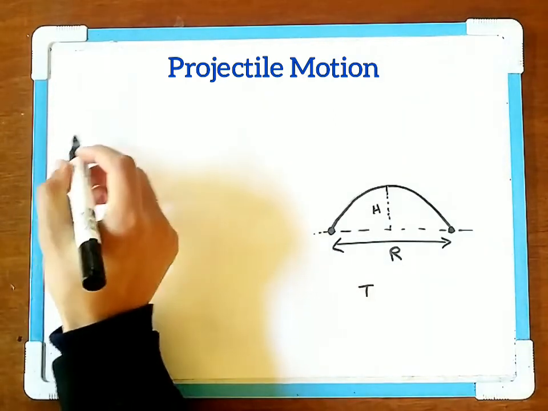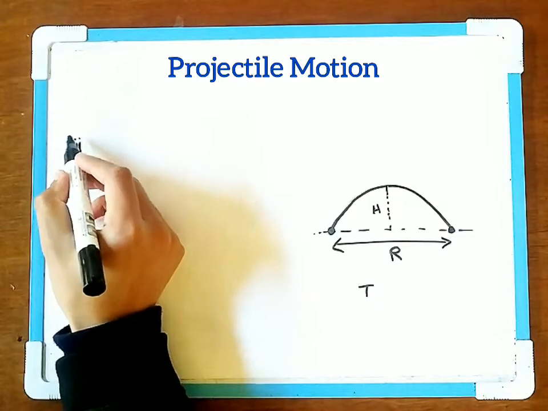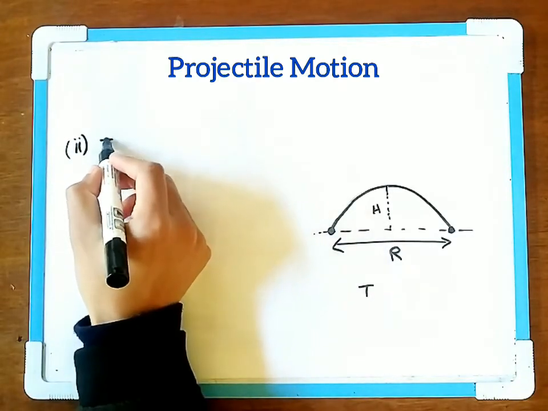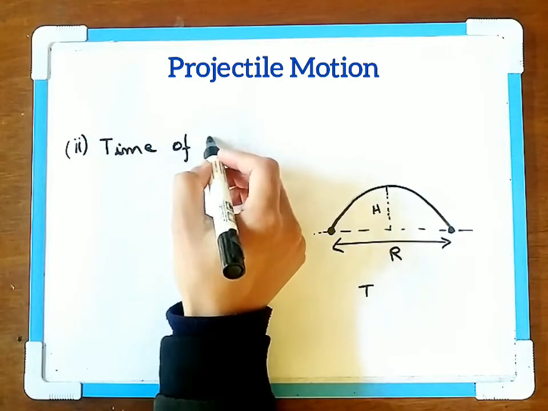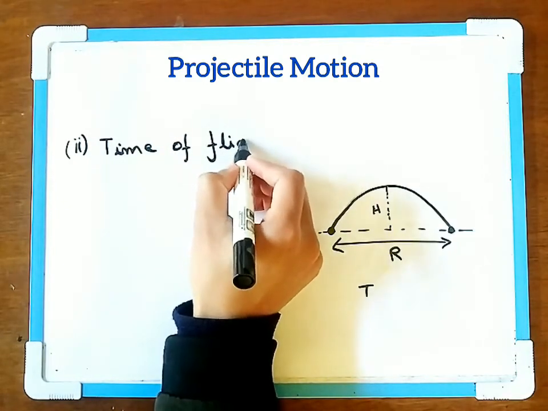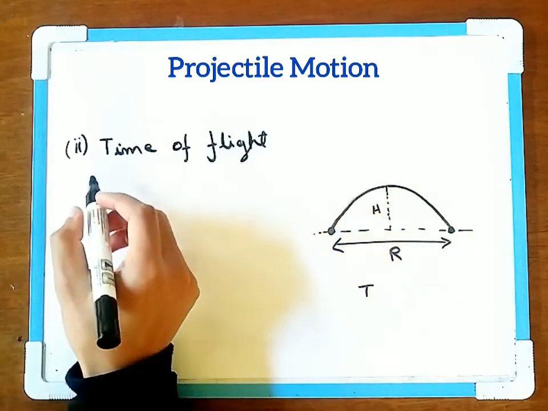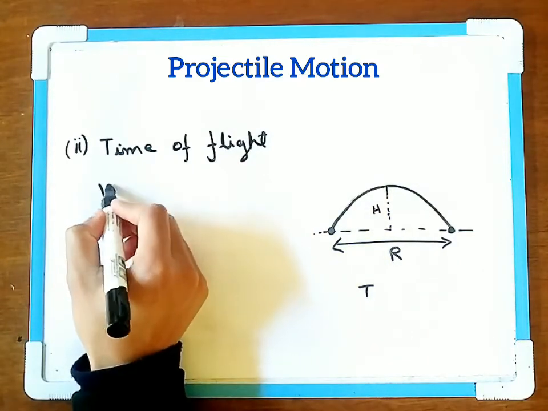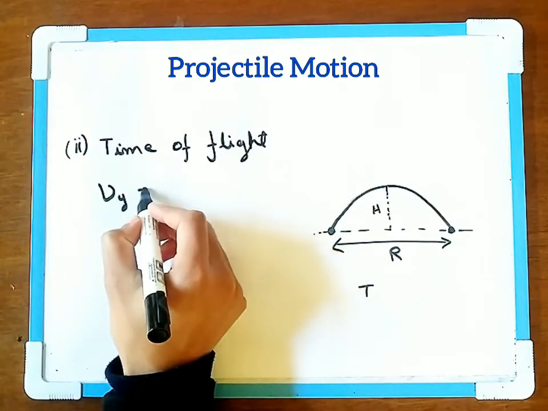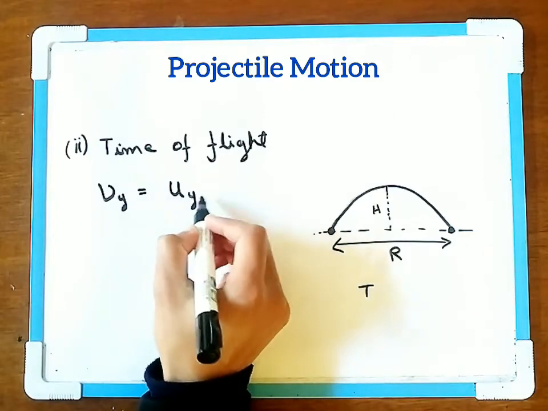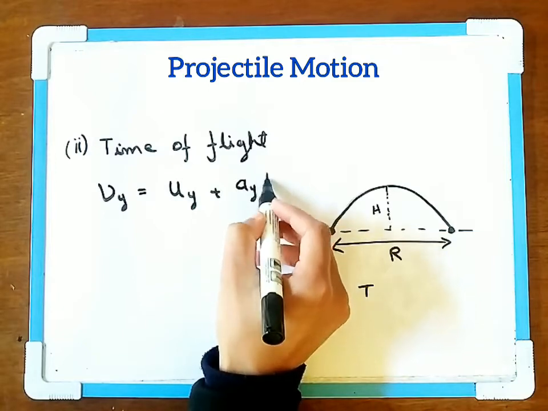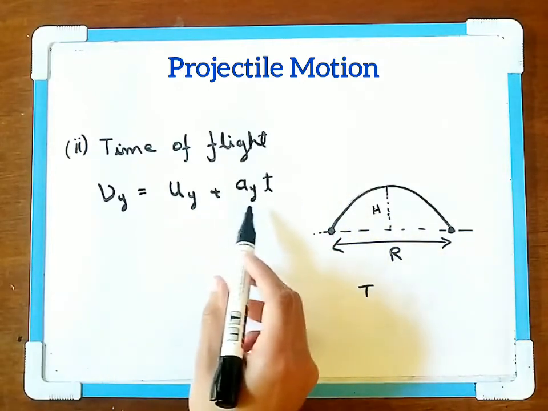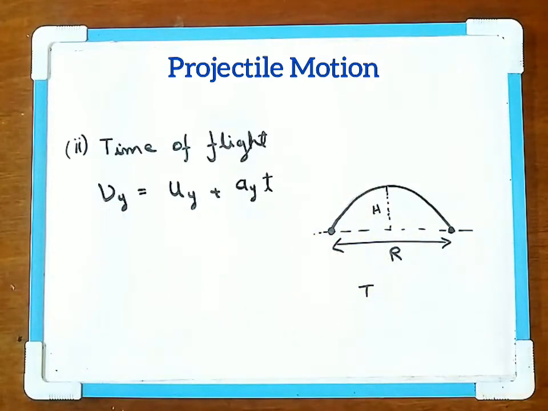And the equation of motion which we'll have to use to find the expression for the time of flight is Vy is equal to Uy plus Ay t.